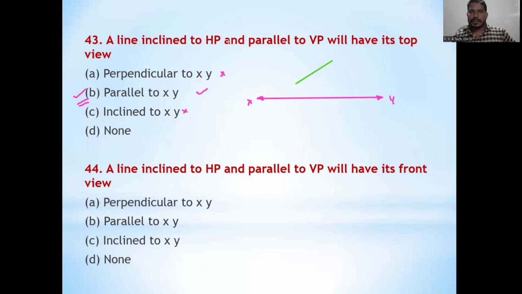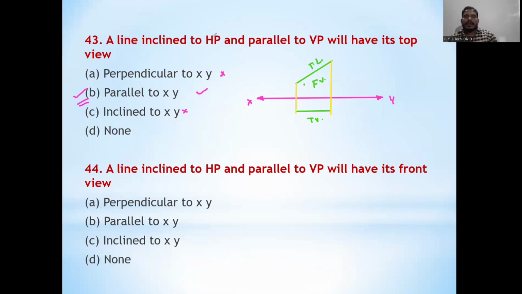And suppose we take the projection lines with them. So this is the top view. This is the front view, which gives the true length, and this is the top view, which gives the apparent length.